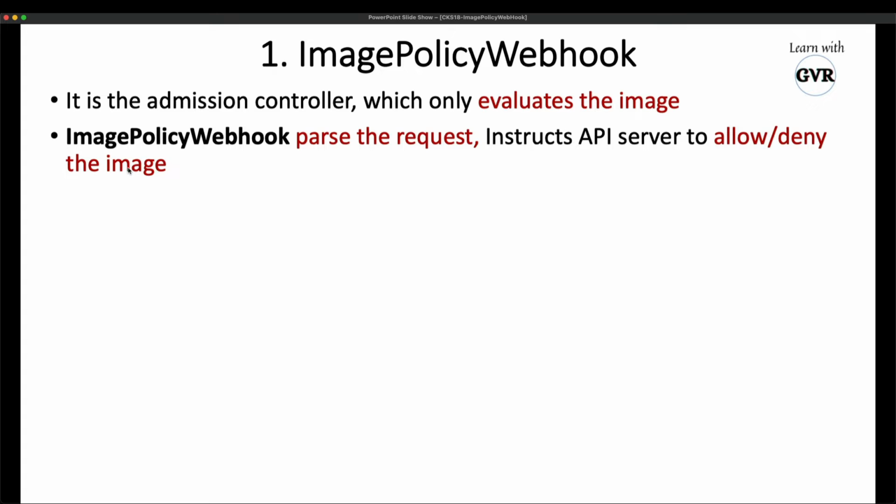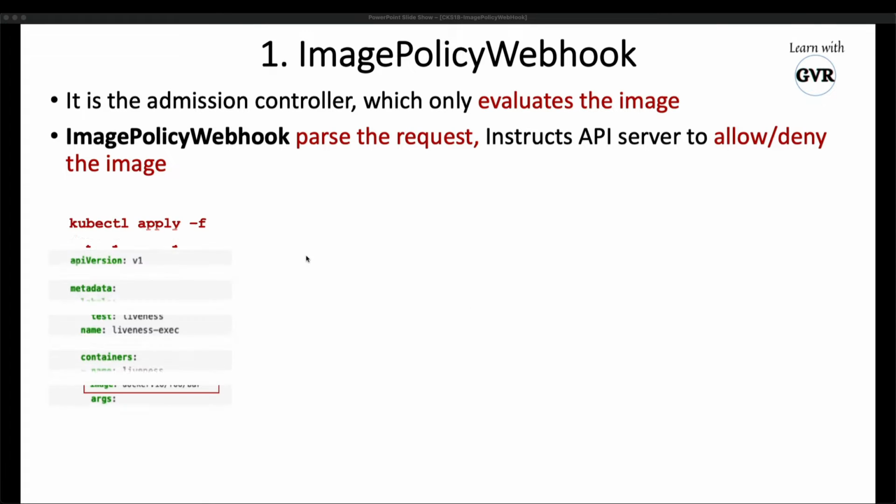So how will it work? It will parse the request and tell the API server whether the image you passed is legitimate or not, whether it's allowed or not. Let's see how it works. First of all, you have a deployment, say you specify docker.io, and I want to know how this image policy webhook works.